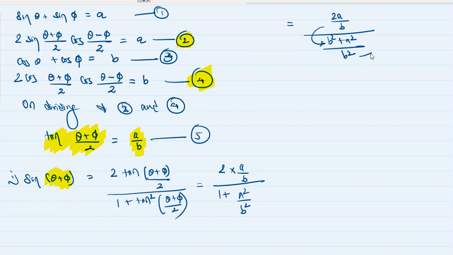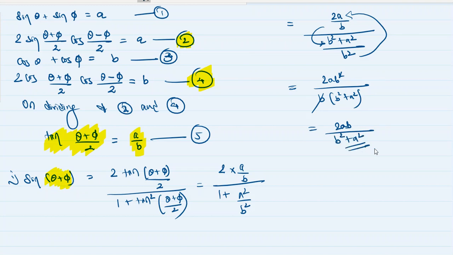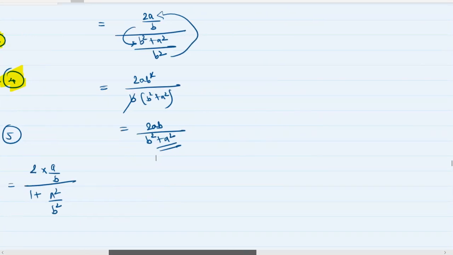This B will come up, this B square will come down. 2AB square the whole upon B times (B square plus A square). So B will cut with B square, and I get 2AB upon B square plus A square. Now that is the value of sine of theta plus phi in terms of A and B. Now I have to find the value of cos of theta plus phi.